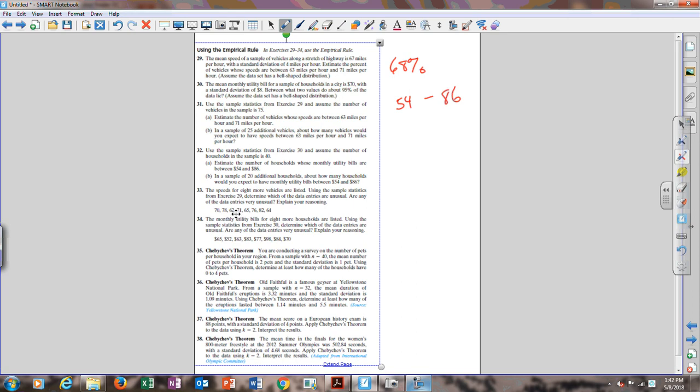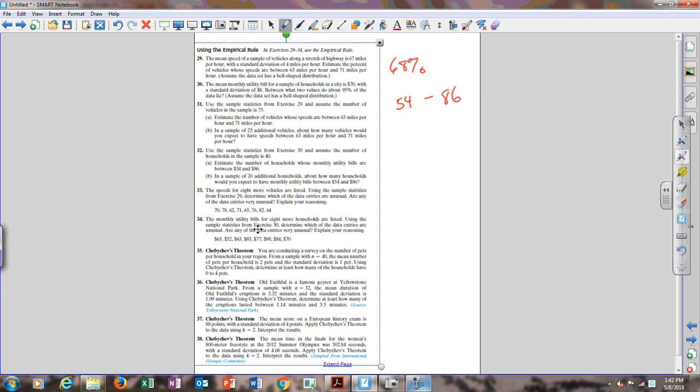So 78 is unusual. 76 is unusual. And 82 is very unusual because 82 is above 3 standard deviations. 78 and 76 are above 2.